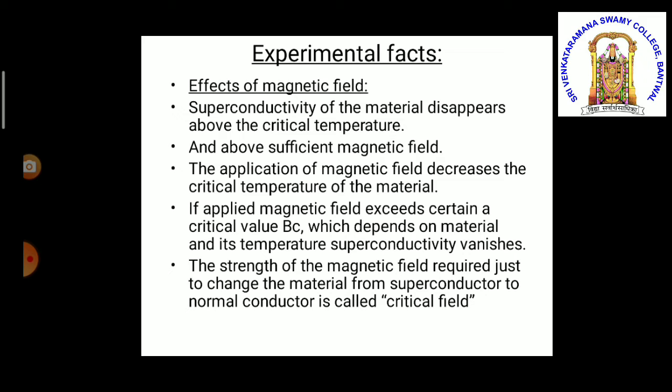Similarly, if the magnetic field exceeds a critical value, in that case also the superconductor becomes a normal conductor. The critical magnetic field is denoted by Bc, which depends on the material and its temperature.